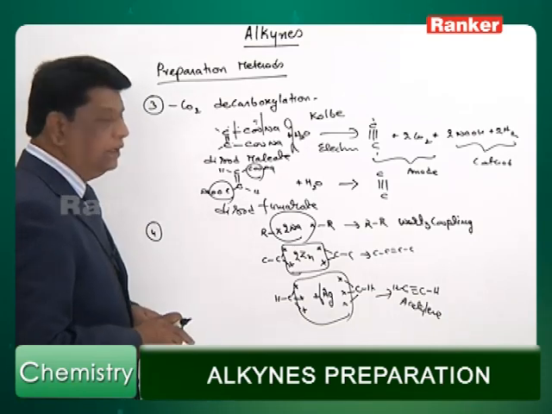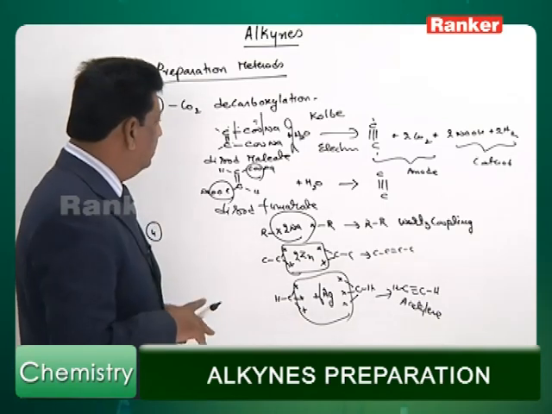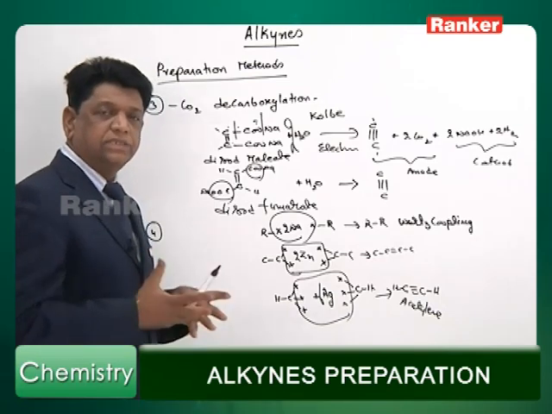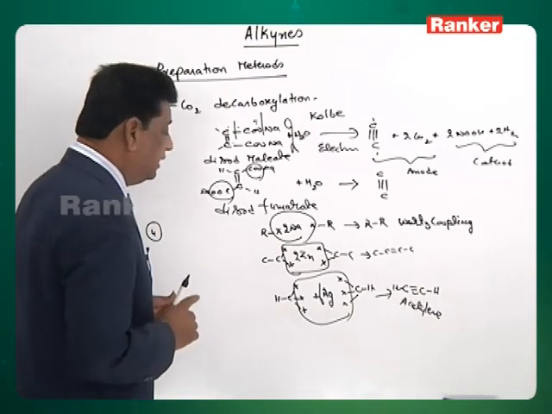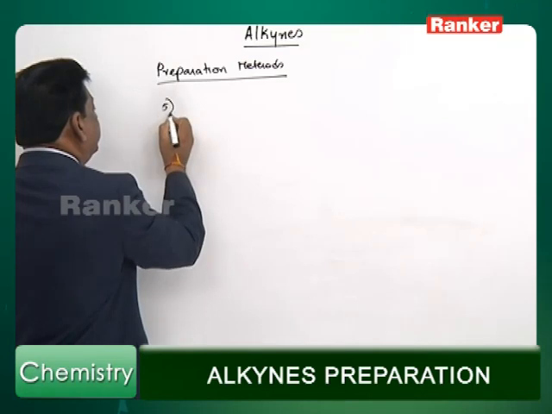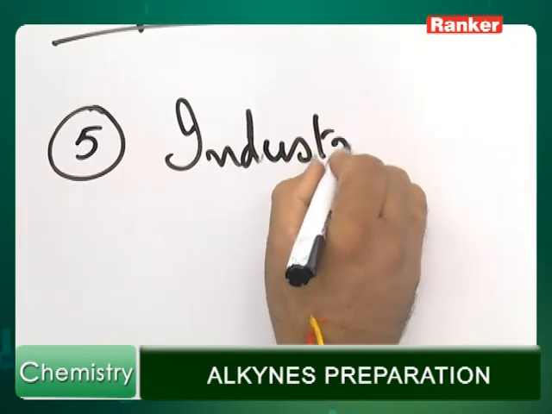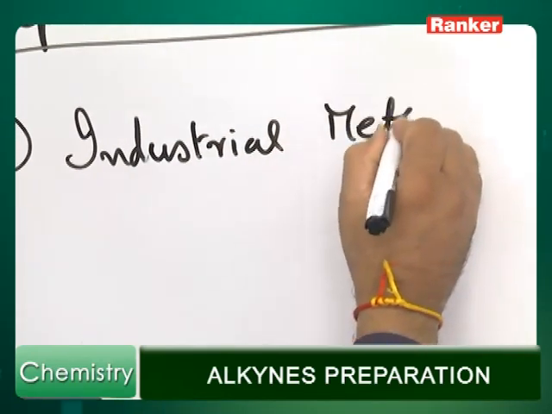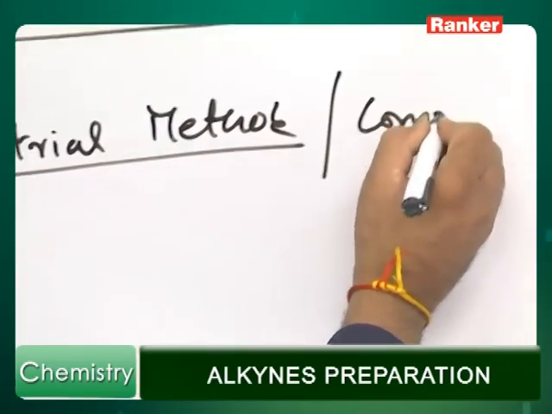All these 4 methods are laboratory methods, they are fine, but we have some commercial methods also, which are on a large scale for profit oriented reactions. Those reactions are called commercial or industrial methods. So, the 5th method is called the industrial or commercial method.